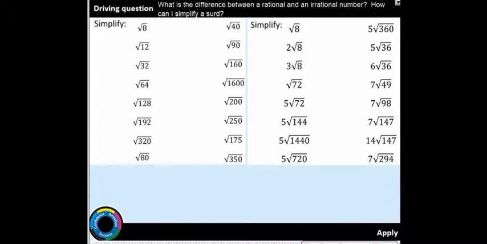Great stuff. Work through these questions, starting on the left here and working down, and then down, and down, and down. Remember, really useful to write down your square numbers first so you can refer to those as you're working through. Pause the video, complete those questions, and then play the video when you're ready for the answers.